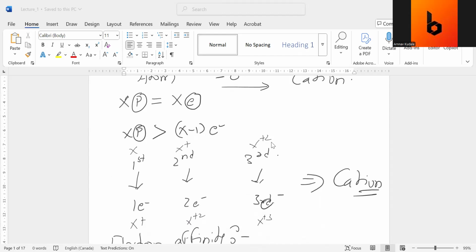Further, from a doubly positive cation, it is further difficult. So the trend is generally that first ionization energy is smaller than second, which is smaller than the third ionization energy.